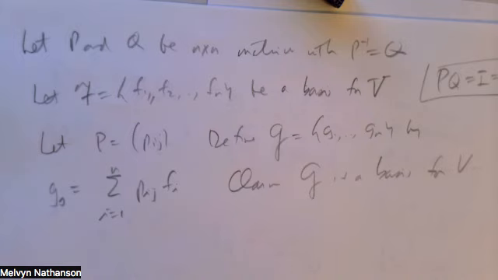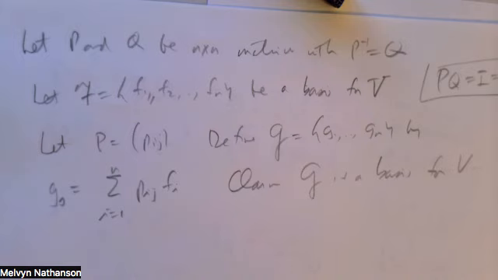So, but Q is the inverse of P. So this means that QP times VG is Q times VF.